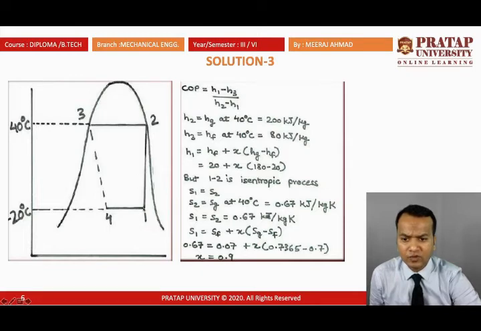Suppose you get point 1 here, this is point 1, then from point 2 there is a constant pressure heat rejection in the condenser. You get point 3. In the question it is given that the outlet of the condenser should be saturated liquid. So, this is point 3 at the exit of the condenser.